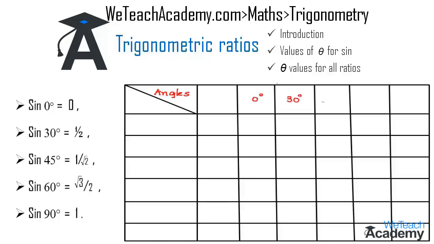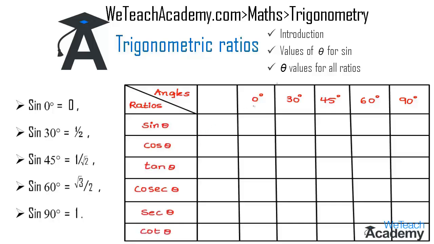Here we get the angles, that is theta is equal to 0 degrees, 30 degrees, 45 degrees, 60 degrees and 90 degrees. And in this part we are going to write the trigonometrical ratios, which are sine theta, cos theta, tan theta, cosecant theta, secant theta and cot theta. We already found the values for sine theta and cos theta.